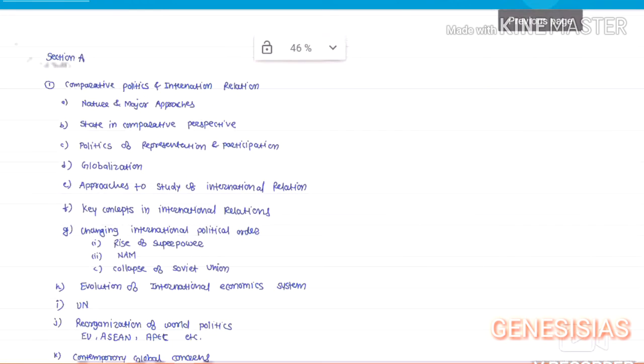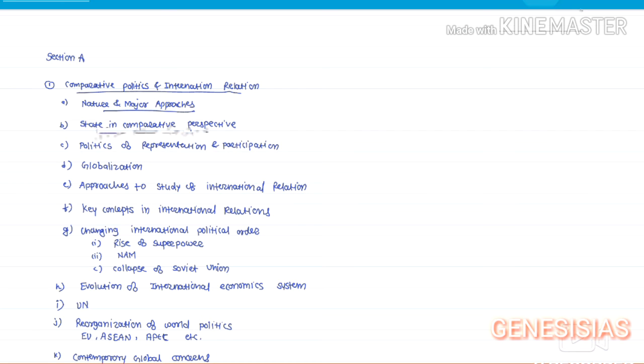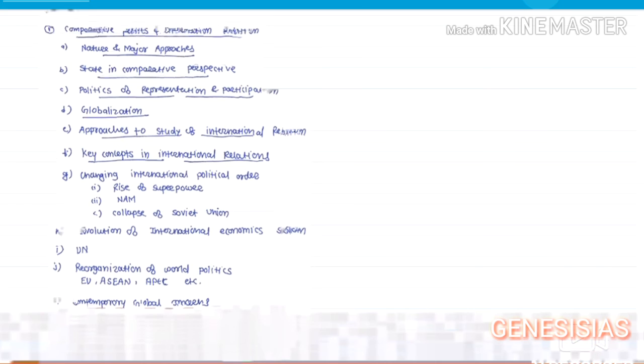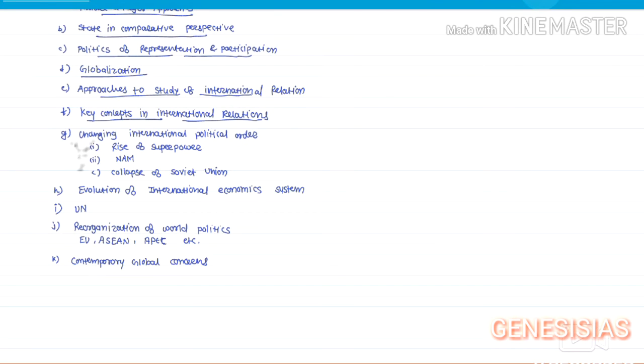Let's revise section A of paper 2. It includes comparative politics and international relations, nature and major approaches of comparative politics, then state in comparative perspective, then politics of representation and participation, then globalization, then approaches to the study of international relations, and key concepts in international relations, then changing international political order, then rise of superpower, NAM, then collapse of Soviet Union, then evolution of international economic system, then UN, then reorganization of world politics, EU, ASEAN, APEC, etc. Then contemporary global concerns.